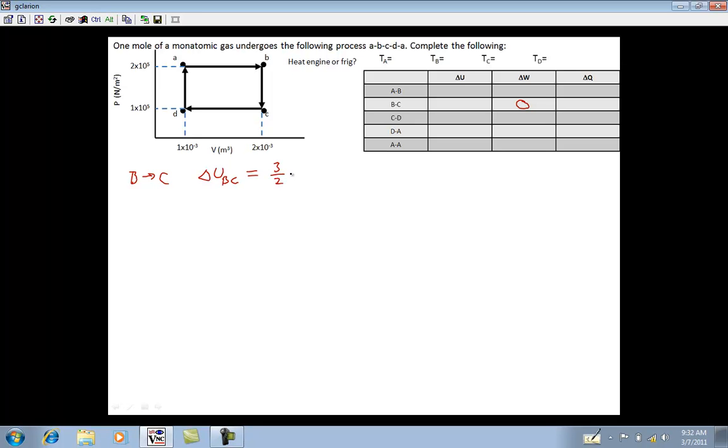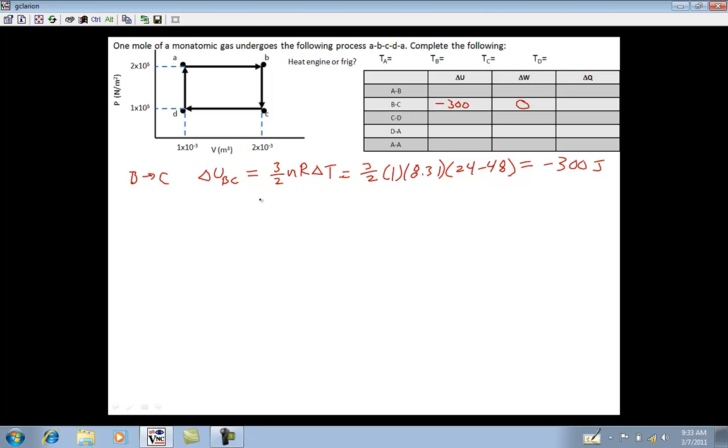Yeah, it's always 3/2 nR delta T. So if I calculate that out, I'm going to go 24 minus 48, because of the temperature. I get a value of negative 300 joules.